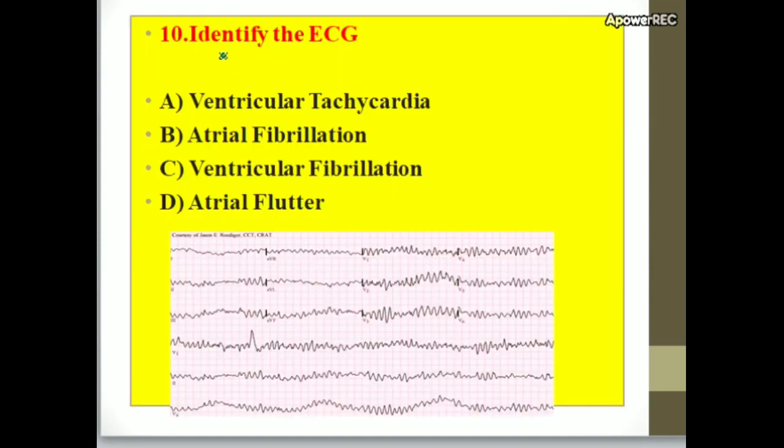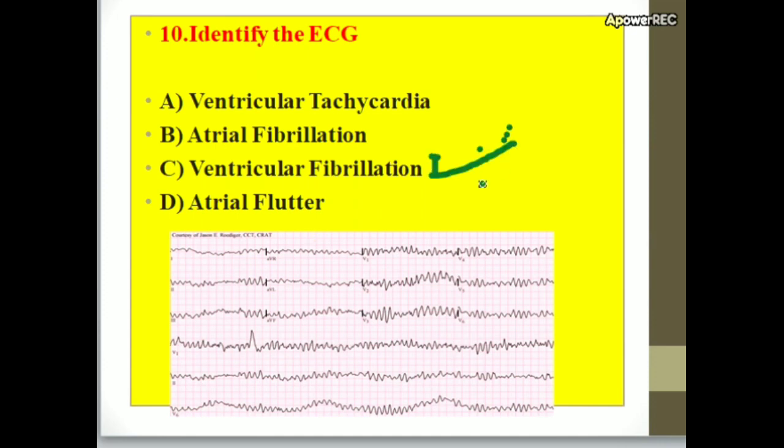Last and final question. Identify the ECG: ventricular tachycardia, atrial fibrillation, atrial flutter. When you see this ECG, you can identify it. When you work in ICU or casualty, you may be familiar with this ECG pattern. Ventricular fibrillation.